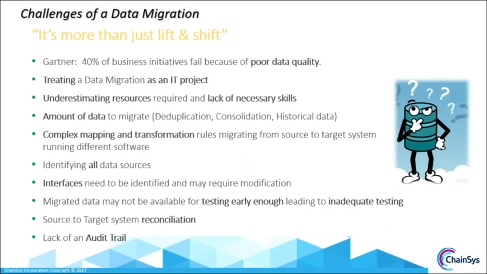Another area where you're going to have issues is IT treating a migration project as an IT project. Migration projects are not IT projects, they're business projects. And the business has to be involved from the start throughout the entire project, in particular going through demo scenarios, or going through testing scenarios and the actual testing itself. So the business needs to be an integral partner with IT.